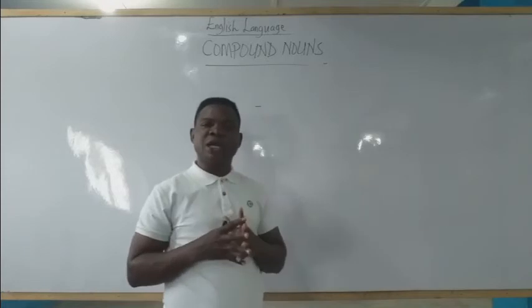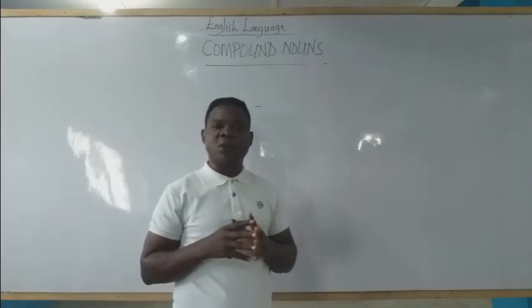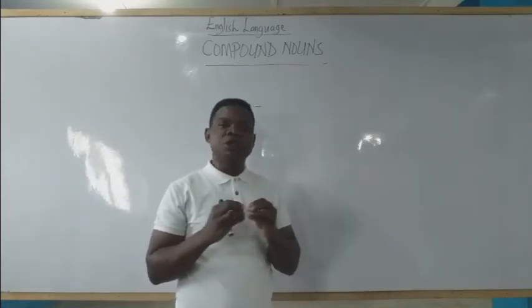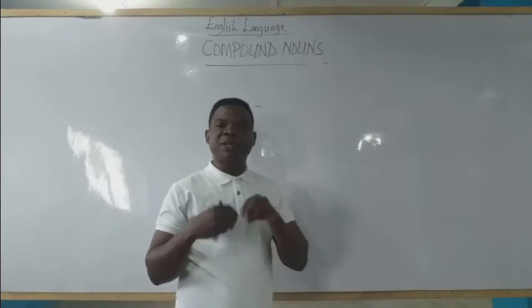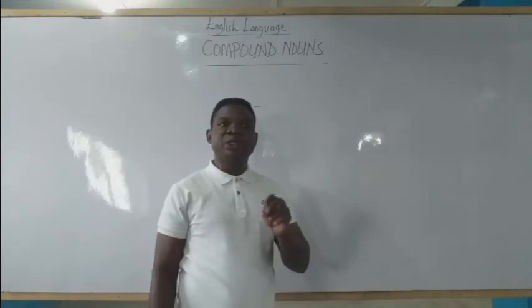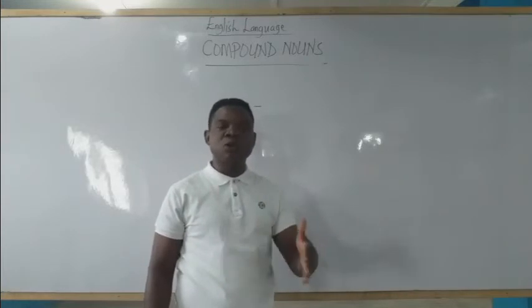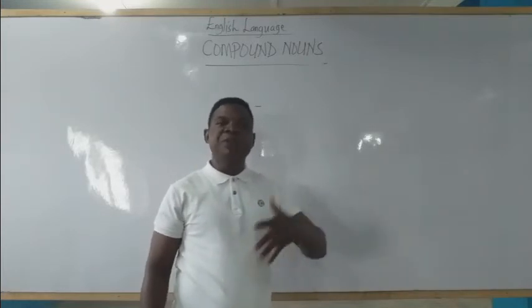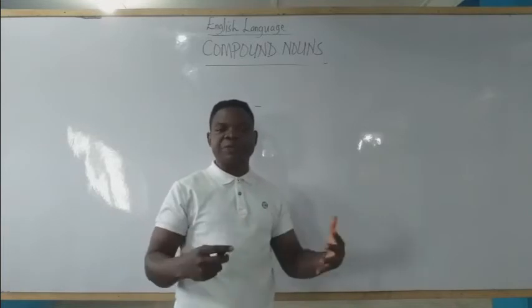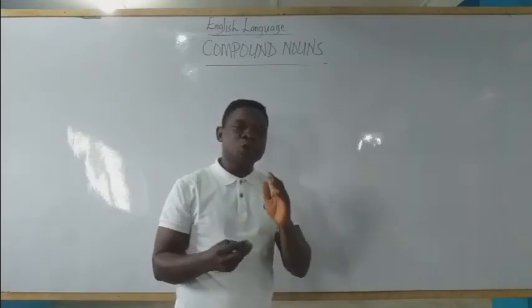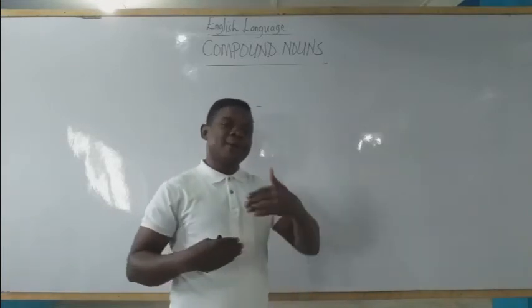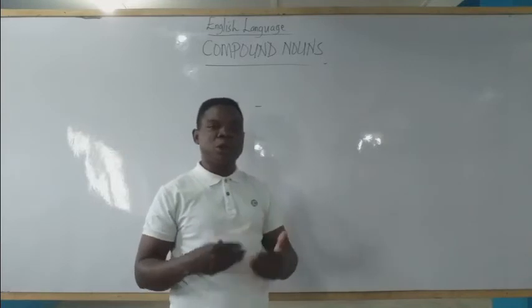Now these compound nouns are peculiar. Why? To form the plural of a compound noun from the existing singular form, there are four basic rules, four basic steps, that you must learn to form the plural of a singular compound noun.